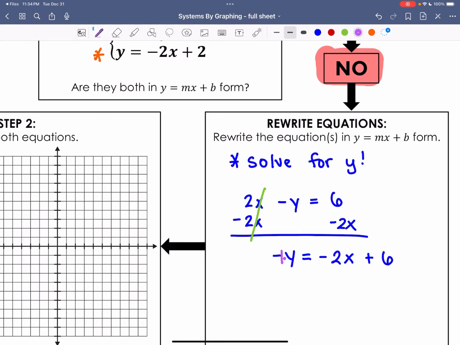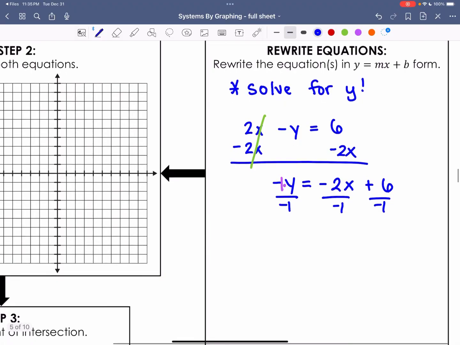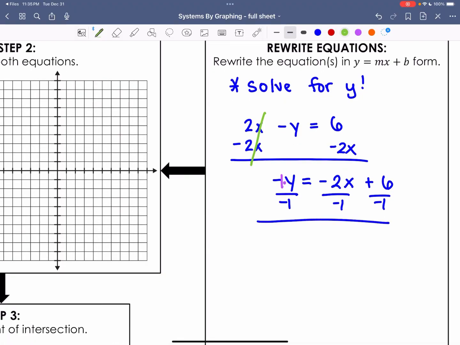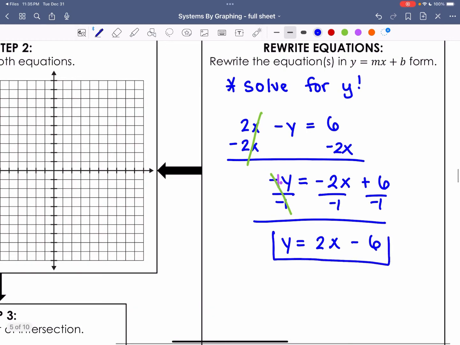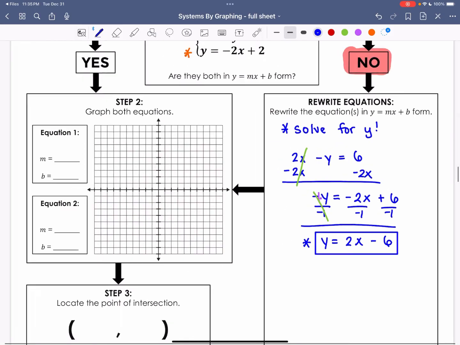So to get rid of it, we are going to take this invisible negative 1 and divide each term by it. And this will end up giving us a positive y, which is what we're looking for, equals 2x minus 6. And this is our new and improved equation number 1.